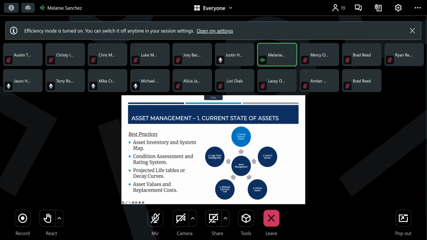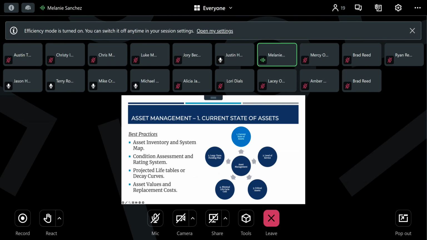Asset investment planning also plays a pivotal role. So it allows us to have a clear and holistic understanding of our assets, their current state, how critical they are, and how everything fits into our system. It's not just about the obvious assets, but also the less visible ones, including those underground.